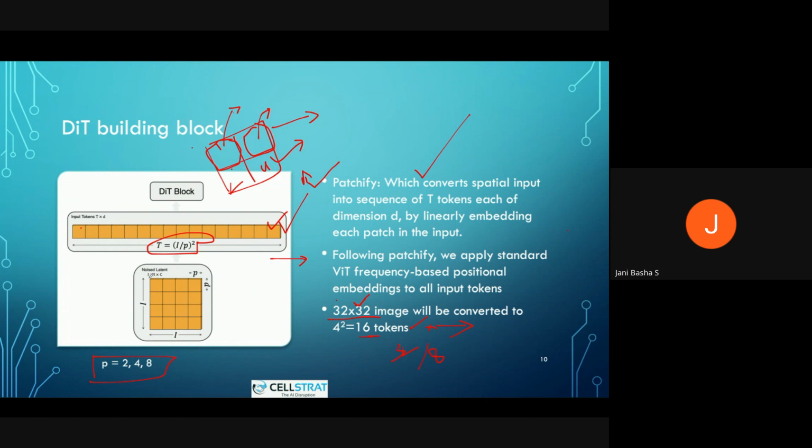But when it comes to video, we have another dimension, the temporal dimension, which is time. A video has multiple frames. Even for a 1 second video, we need multiple frames. So that is adding the additional dimension, the temporal dimension.